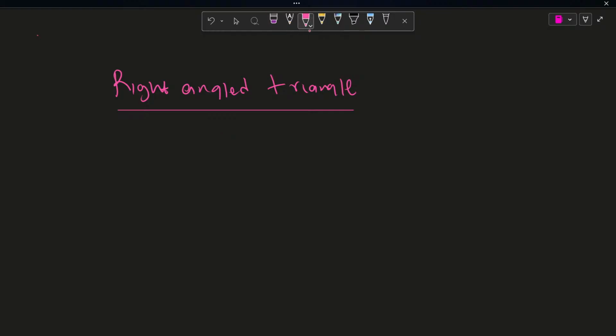Let's say, for example, we have this. We are told that this is 90 degrees, and this is A, B, C. We are told that this is 4 centimeters, and this is 3 centimeters.